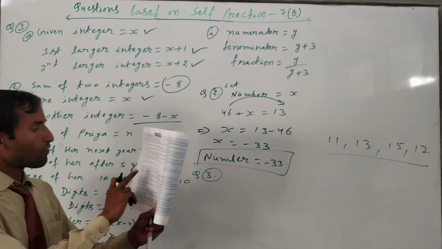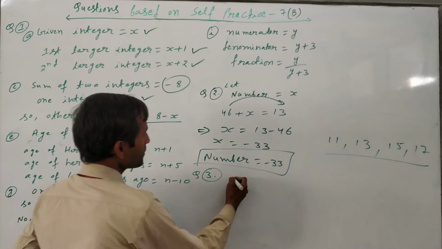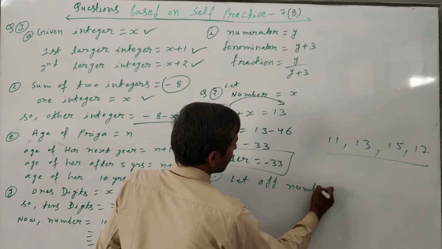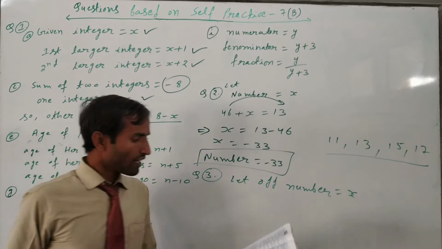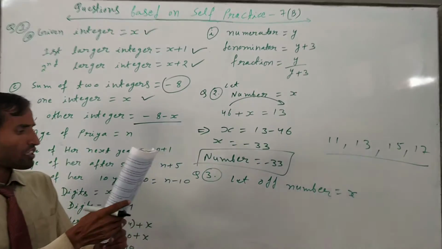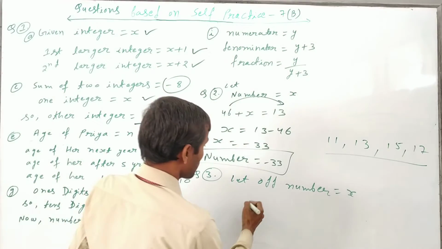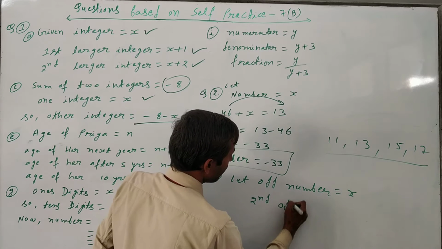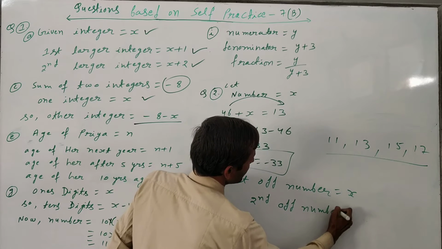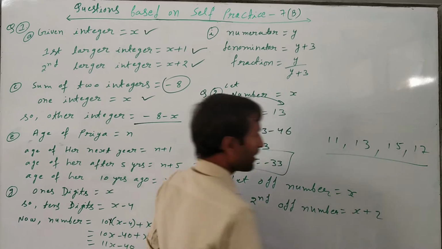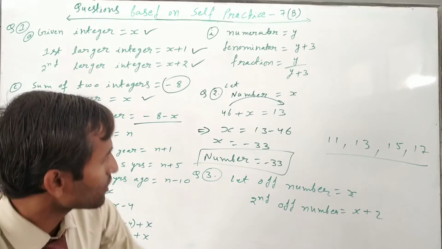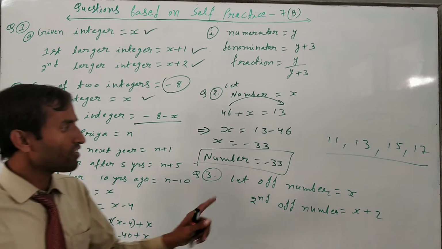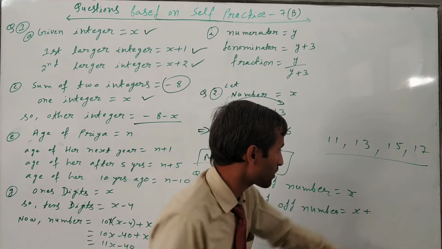Now suppose the first odd number is x. Let the odd number be x. For 3 consecutive odd numbers, the first is x, the second odd number is x plus 2, and the third odd number is x plus 4. Why have we added 2 only, and not 1?